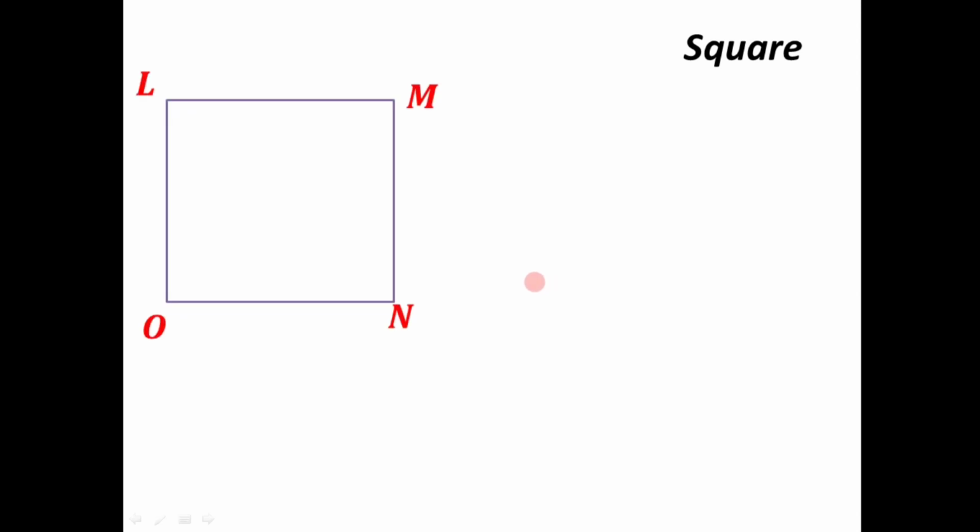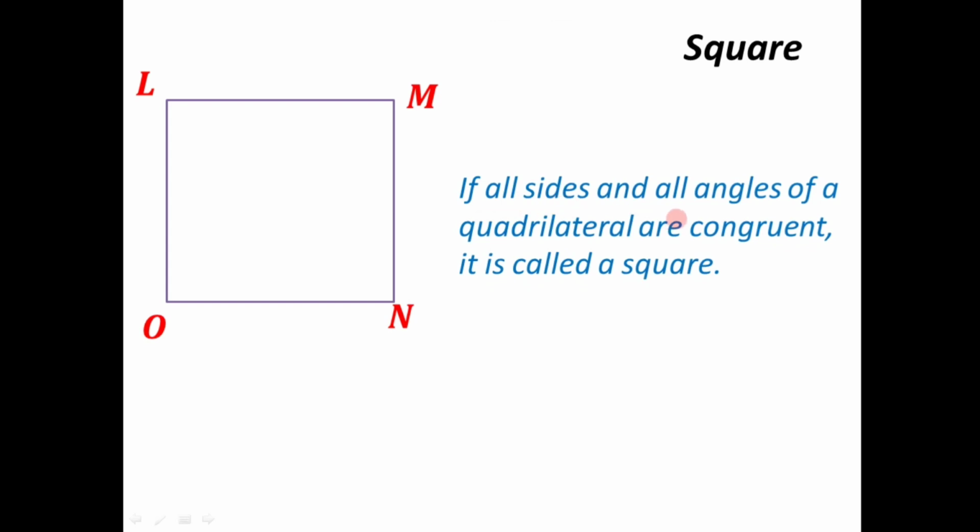Now let us have the next type of a quadrilateral, that's the square. So this is the diagram of square LMNO. Now we can define a square as, if all sides and all angles of a quadrilateral are congruent, then it is called as a square. So if all the four angles are to be congruent, then measure of each angle must be 90 degree.